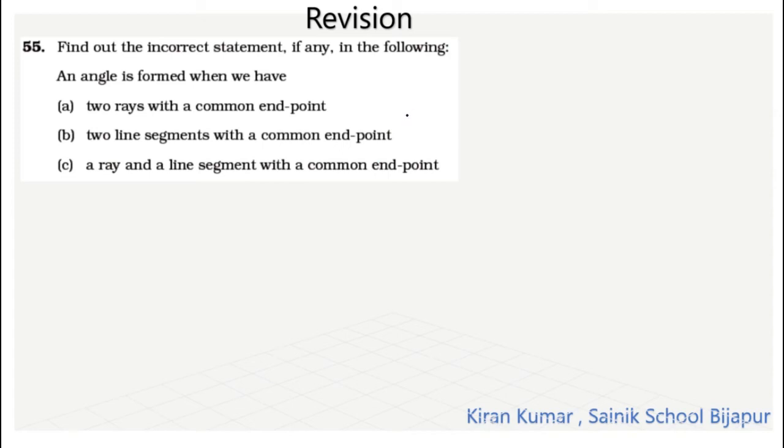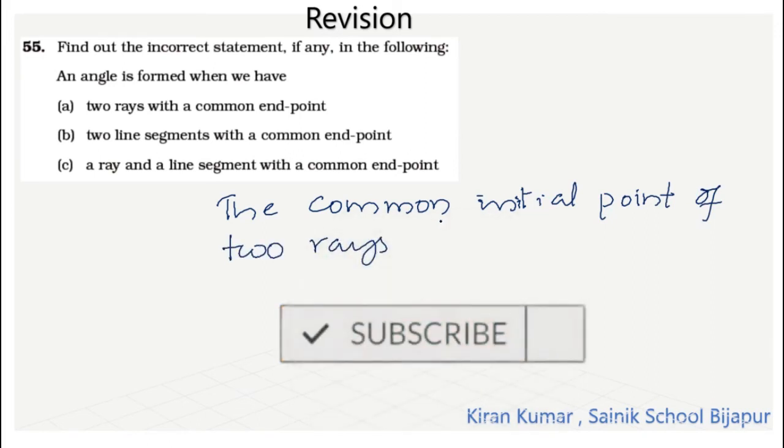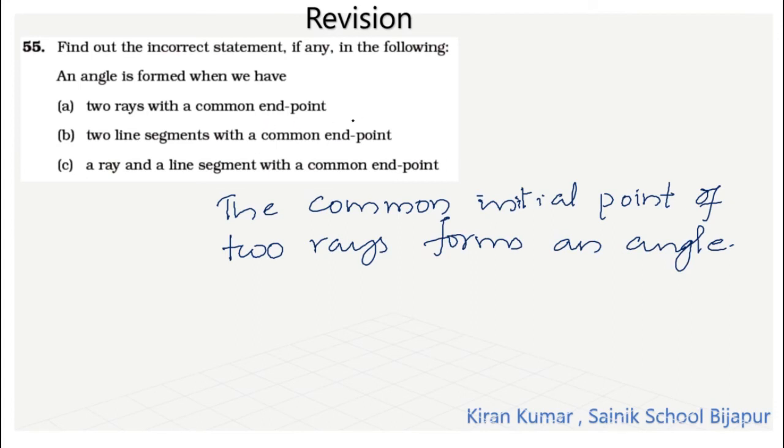All the three statements are incorrect. The reason is the common initial point of two rays forms an angle. It should not be a common endpoint, it has to be common initial point.